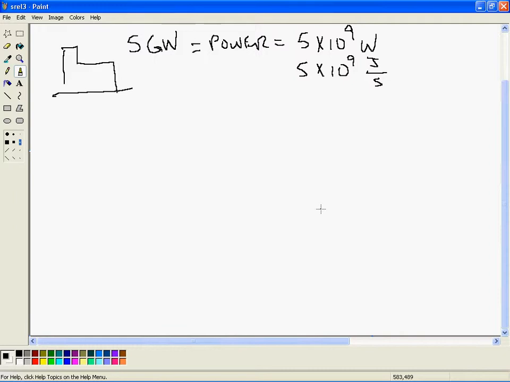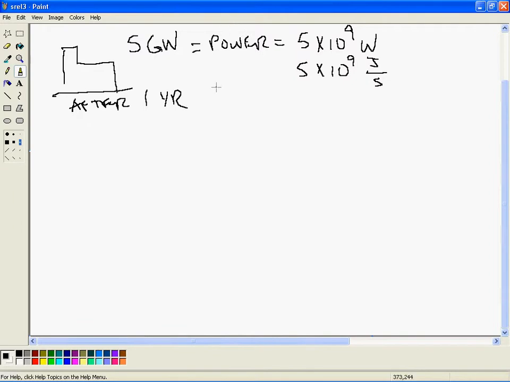Now, the question is, after a whole year, after 1 year, the amount of energy that this plant would have produced, if it came from matter itself, how much matter would that be?